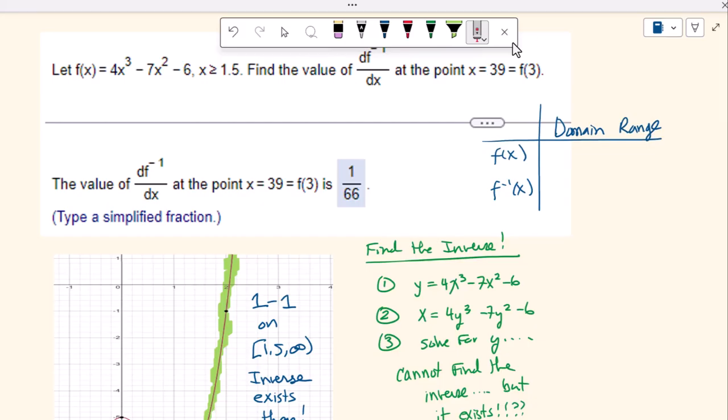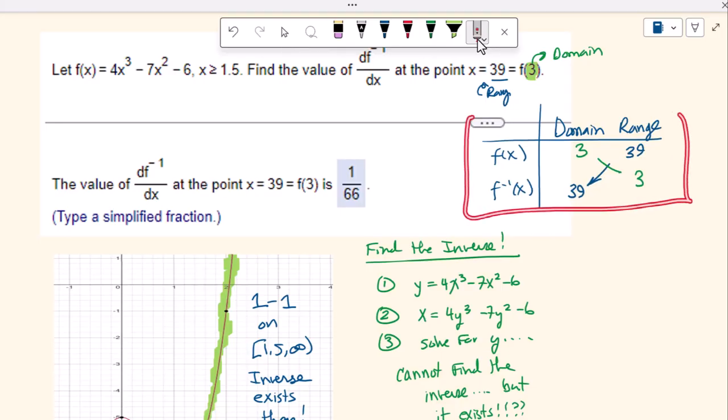So this is our input value right here. This is our domain. So 3 is the domain of my original function, and then my range is 39. So this swaps. So this becomes 39, this becomes 3. So this is kind of our big crucial piece of information here.